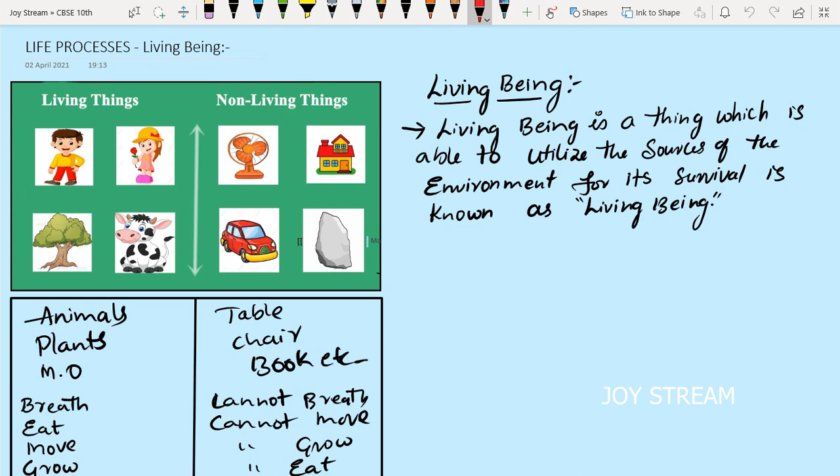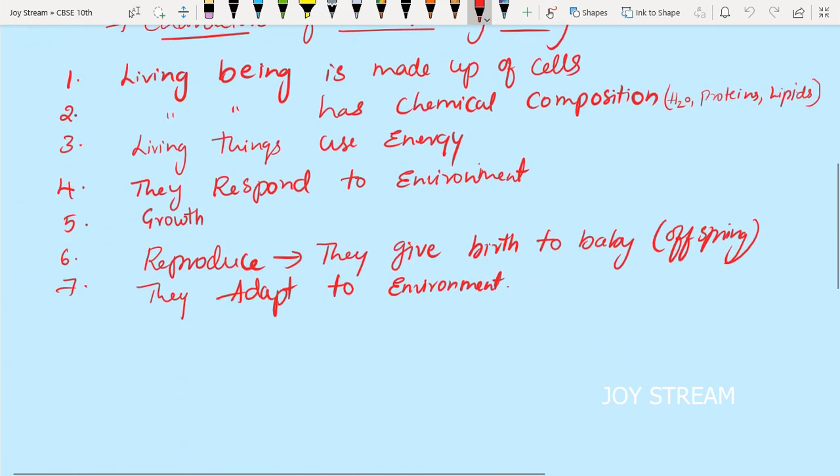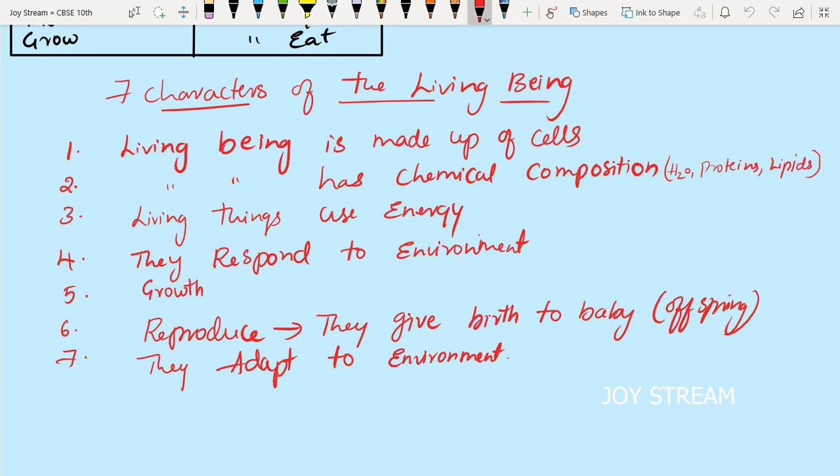So, what are the characters of a living being? There are some characters of living beings which are shown here. A living being is made up of cells, but a non-living thing is not made up of cells. For example, a table is made up of wood.